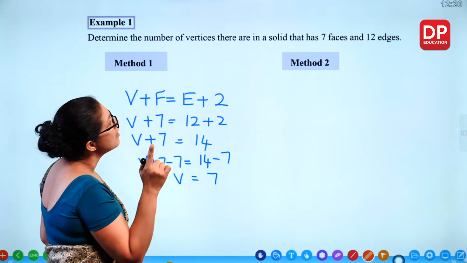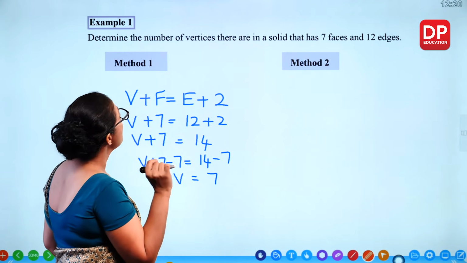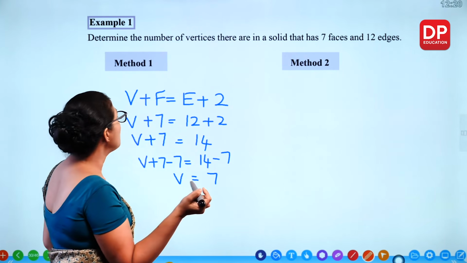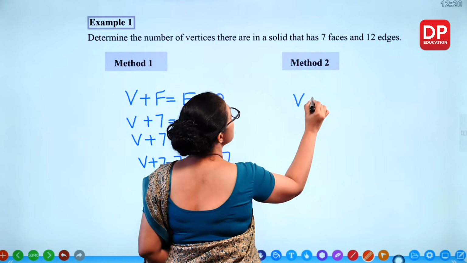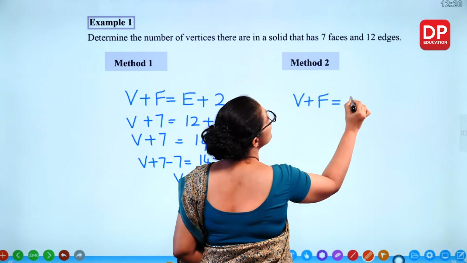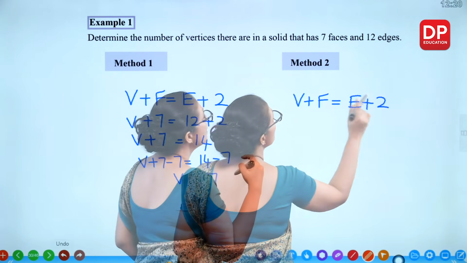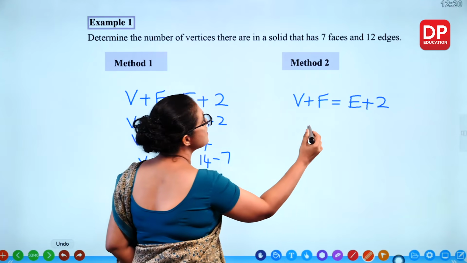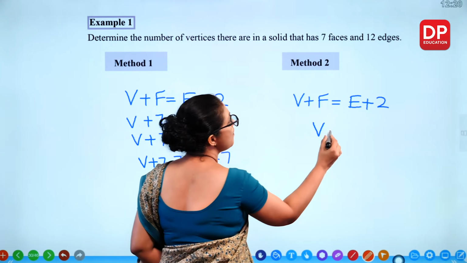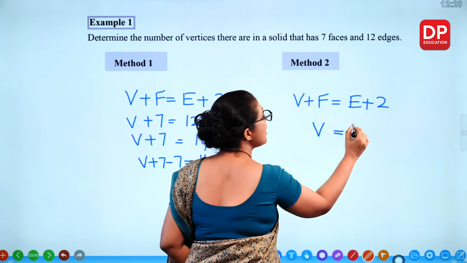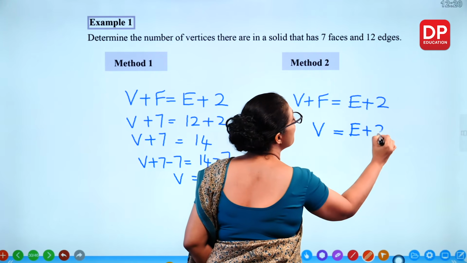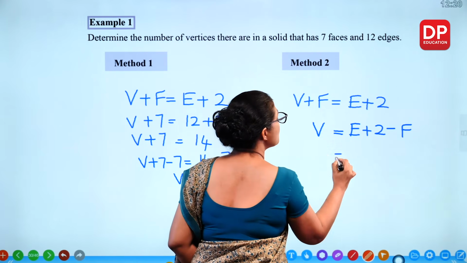Now we'll do another method, making V as the subject of the formula. So V plus F, we know that that's equal to E plus 2. Now we need to make V as the subject of the formula. So keep V here, that means you have to take F to the other side. Now substitute the values.